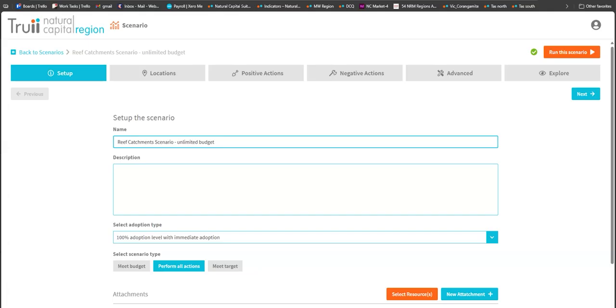So we provide this generic library that I've developed here, and there's somewhere between about 40 and 60 actions nationally. But the key part of this exercise, this activity, is that with the whole natural capital region development, we want to build internal capacity. We don't want you coming back to us and saying, well, can you run another scenario for us? This is about building internal capacity, and you guys drive this.